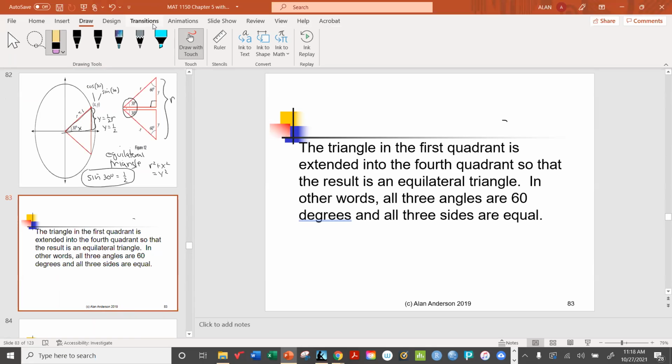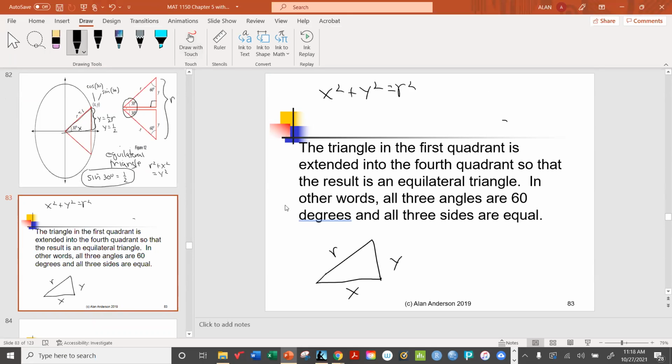All right. So remember what we're looking at here. Within the first quadrant, we have r, x, and y. That's better. So in other words, remember r is the hypotenuse. So x squared plus y squared is r squared.